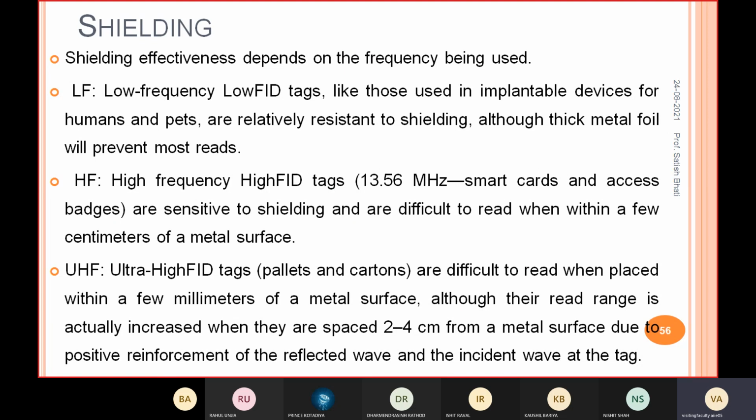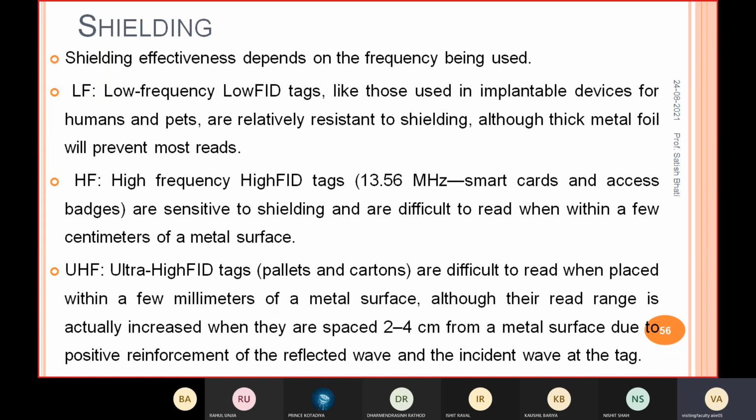Then high frequency, the frequency in megahertz: smart cards and access badges are sensitive to shielding and are difficult to read when within a few centimeters of a metal surface. If a metal surface of some 3-4 centimeters is in front of the RFID tag, then it is difficult to read it, right?